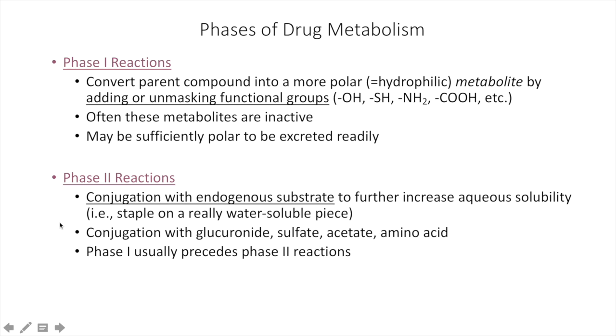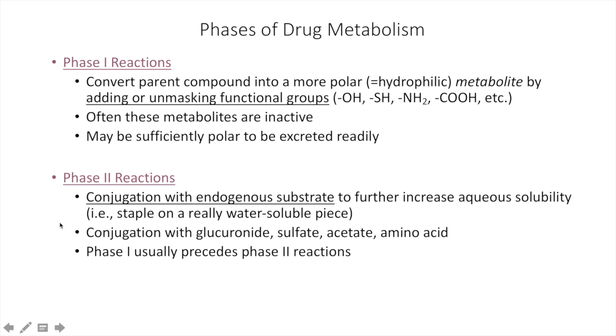Most of the time, these metabolites are biologically inactive. They just exist to get gone. But sometimes metabolites are also bioactive, and oftentimes that's something we have to worry about. Although sometimes we can design compounds that are not bioactive until the body begins to metabolize them.